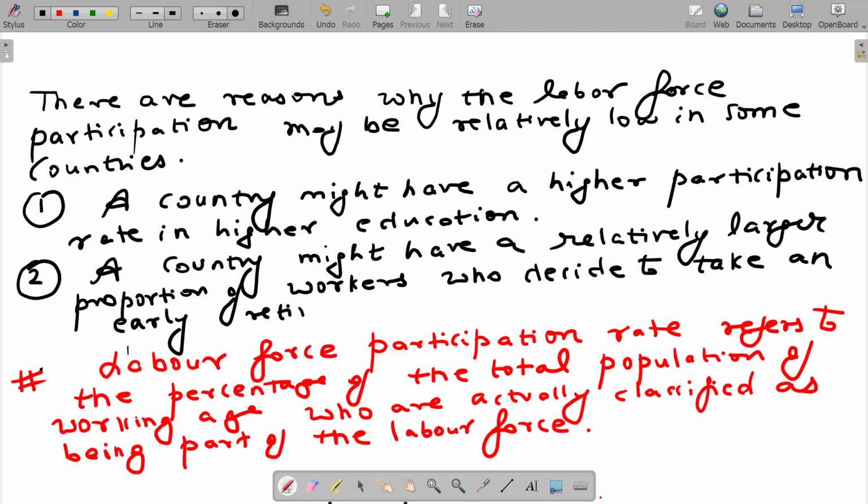That means they want to retire before the age fixed by the government. They willingly retire early in life.